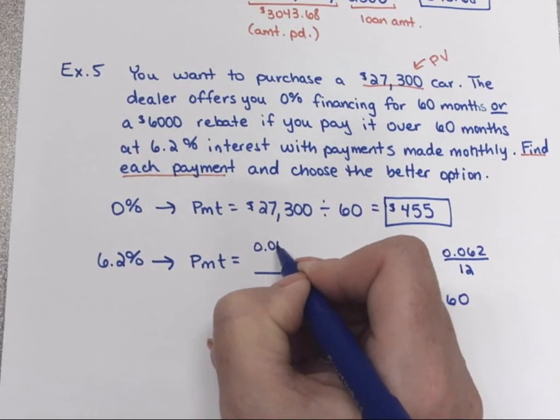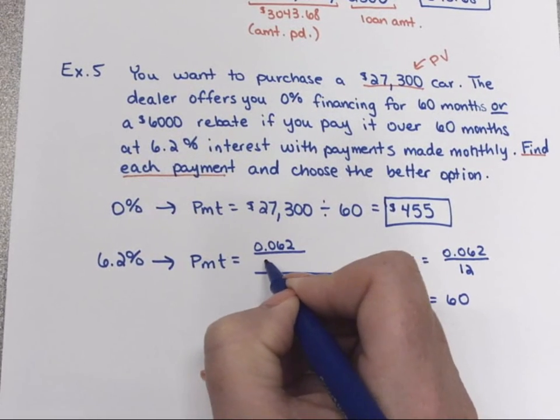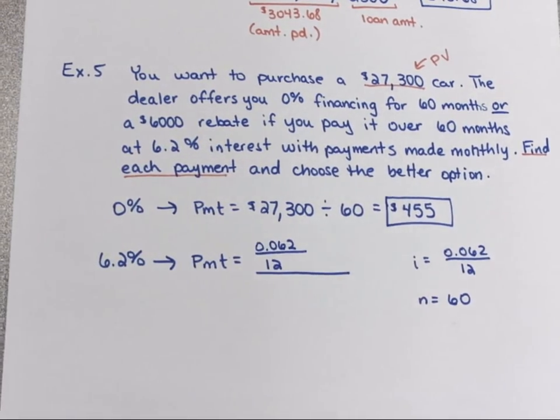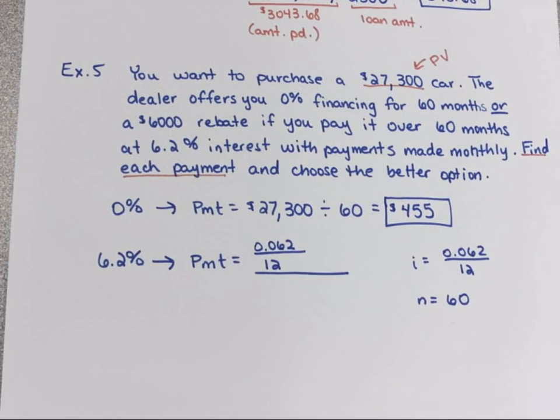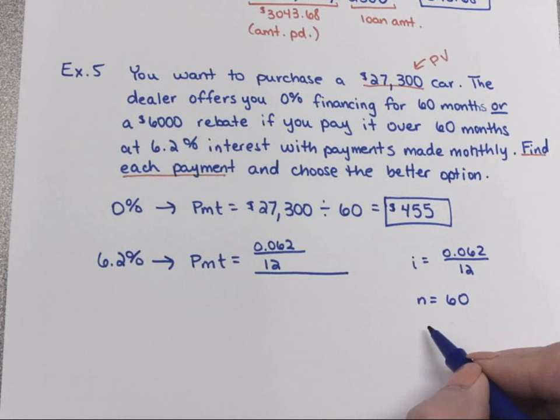So 0.062 over 12. But here's where you need to pay attention a little bit. I'm not actually going to borrow $27,300, because I got a $6,000 rebate, right? So we're actually only going to borrow the difference between the two.